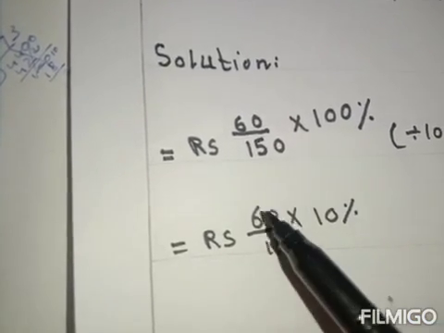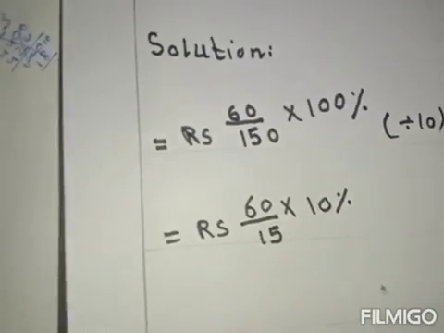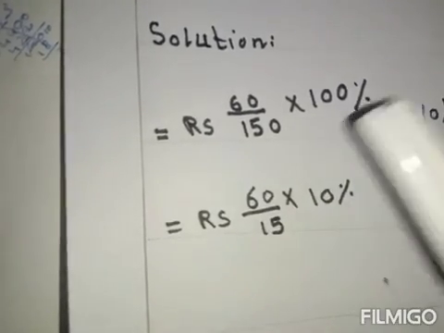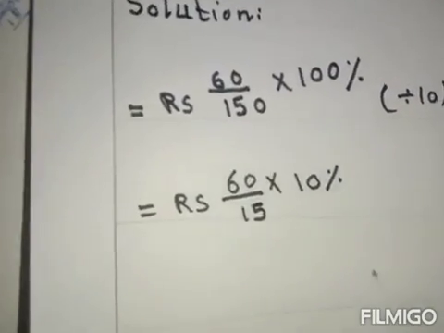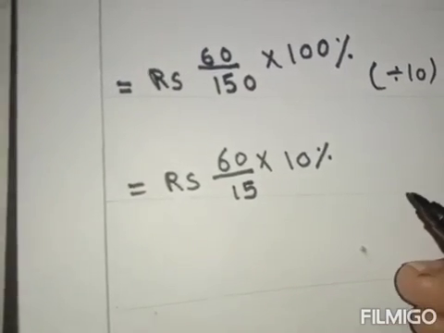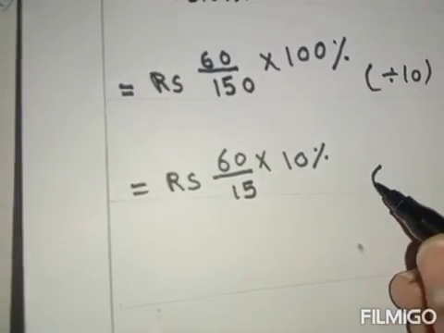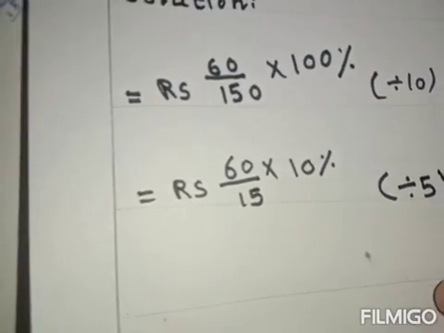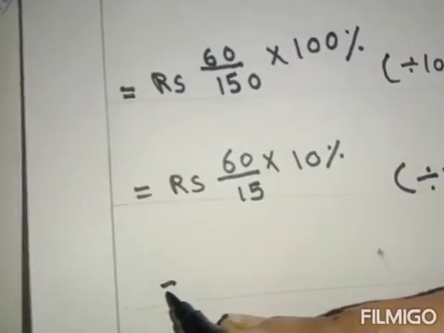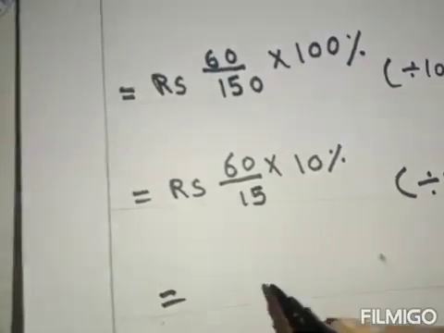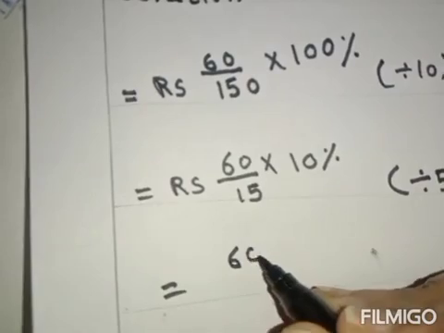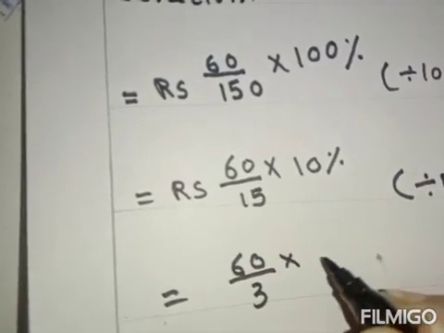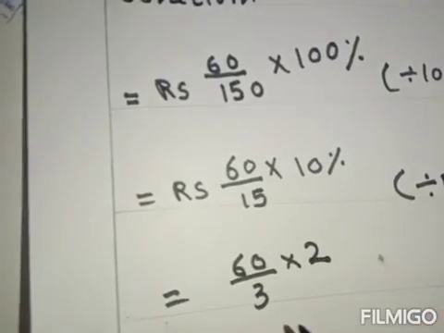At a time all three numbers are being cut by 10, but at a time we can cut only two numbers, right? So further cutting is possible. As you can see, again dividing it by 5, we will keep 60 as it is. So 5 threes are 15, 5 twos are 10.